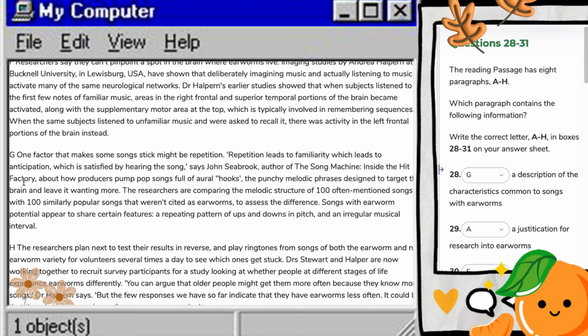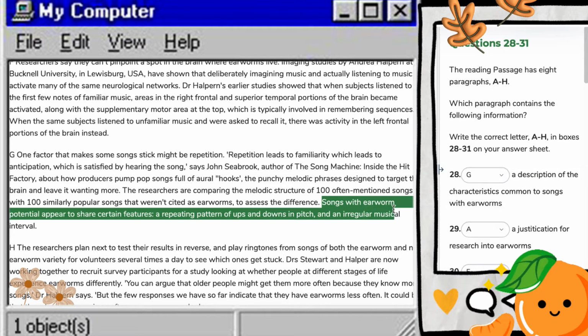So it has a common characteristic of those songs with earworms. The keyword here is common characteristic. Songs with earworm potential appear to share certain features.